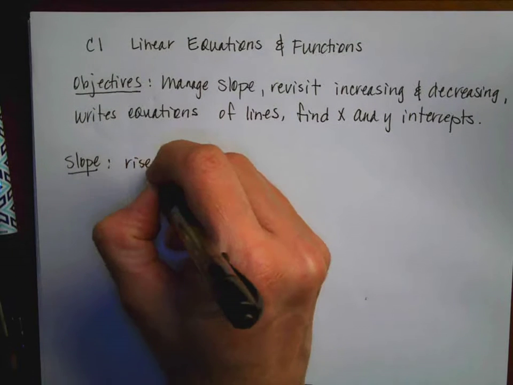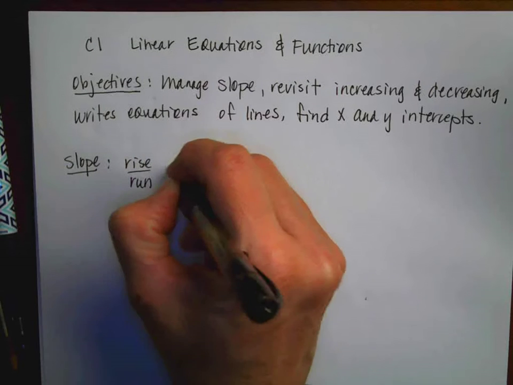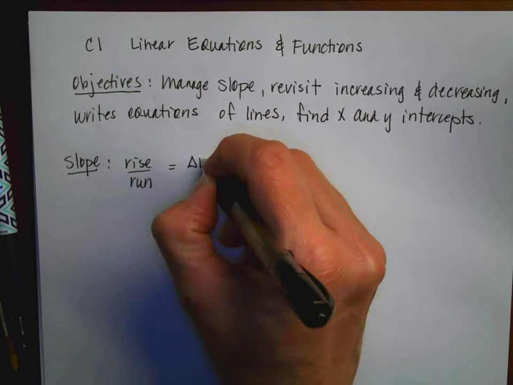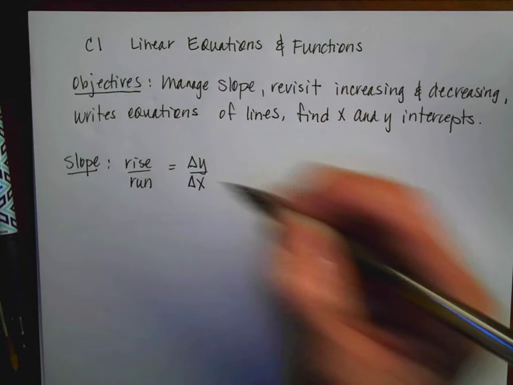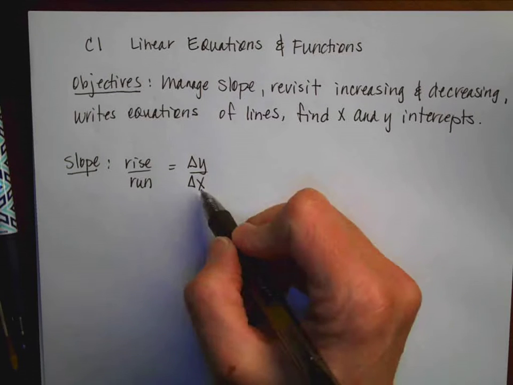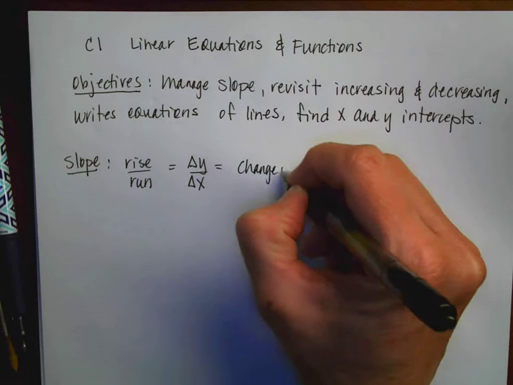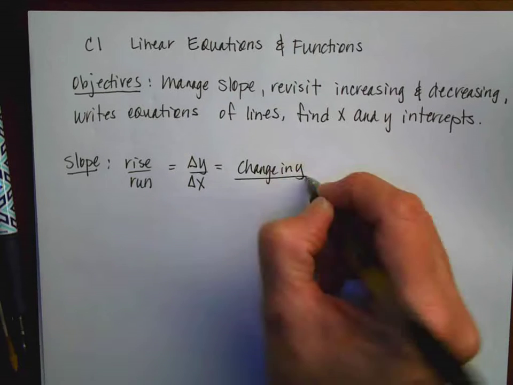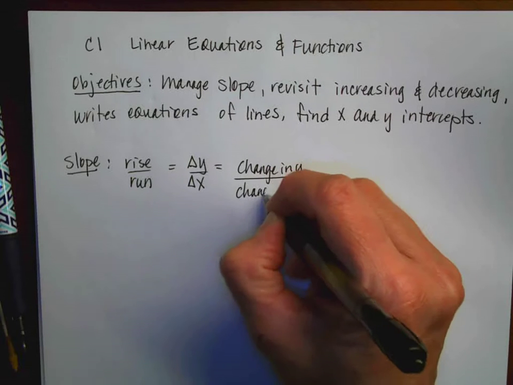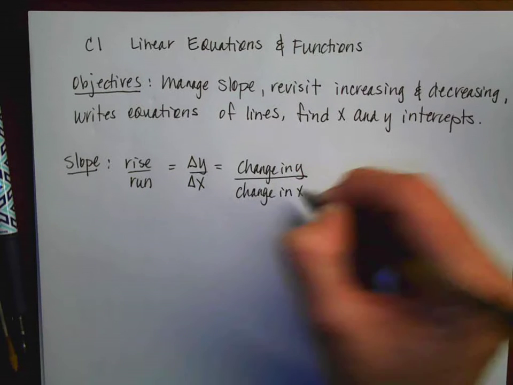So for starters, slope is rise over run, and it is sometimes written as delta y over delta x. This is my shorthand notation, which means the change in y over the change in x.